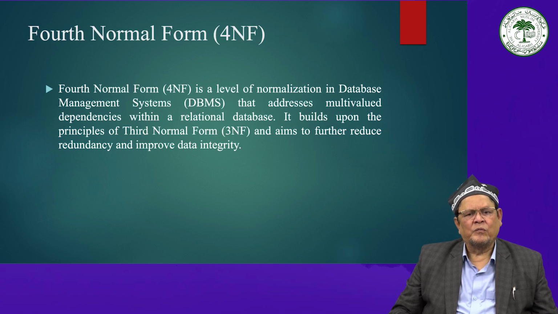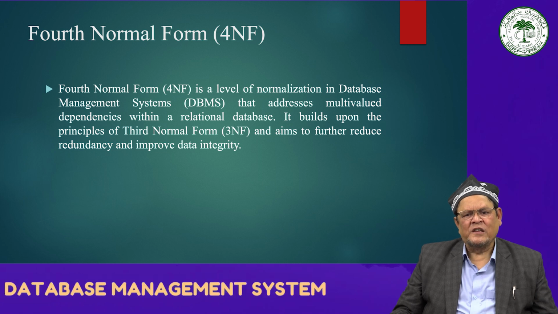Fourth normal form. Fourth normal form is a level of normalization in database management systems that addresses multi-valued dependencies within a relational database. It builds upon the principles of third normal form and aims to further reduce redundancy and improve data integrity.